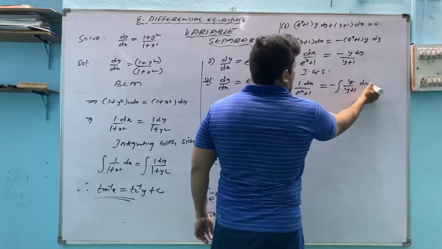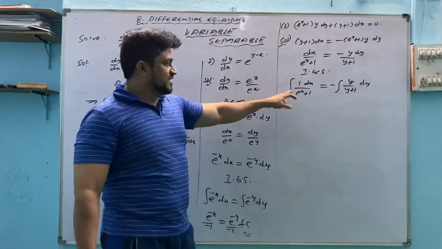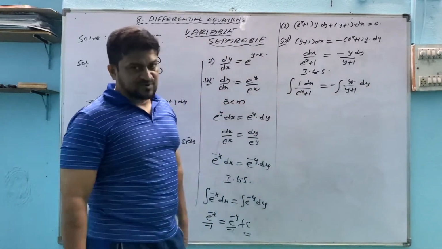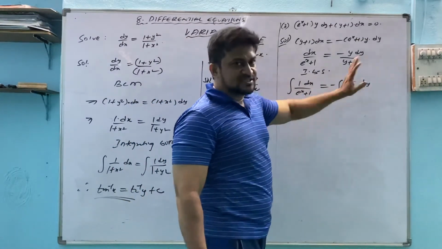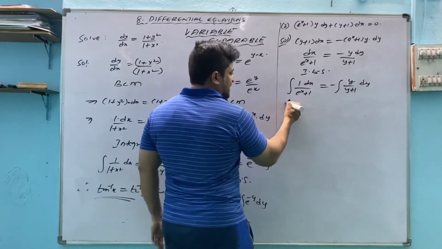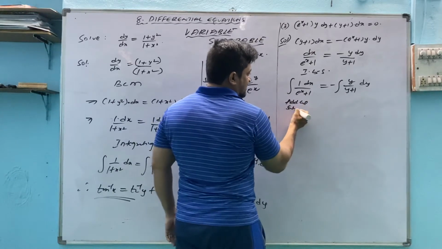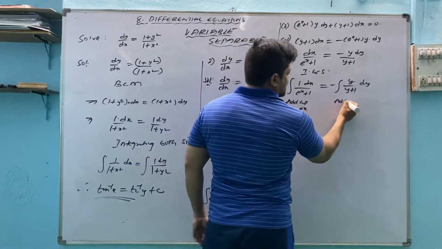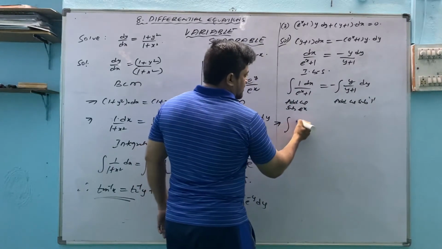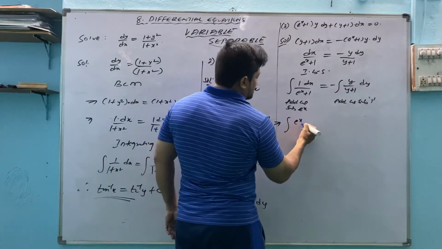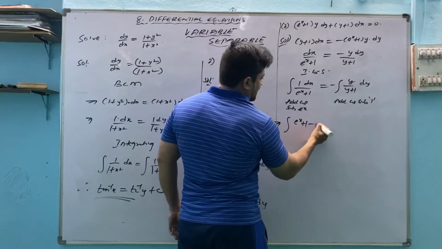Now you should know how to find the integral. When e power x is there, add and subtract with e power x. And when same degree values are there, add and subtract a constant there. Here we are adding and subtracting e power x. Here we are adding and subtracting 1. e power x added and subtracted.